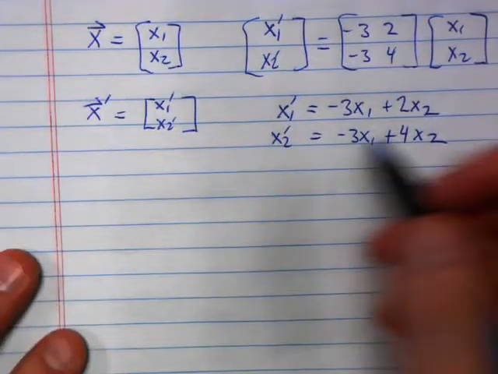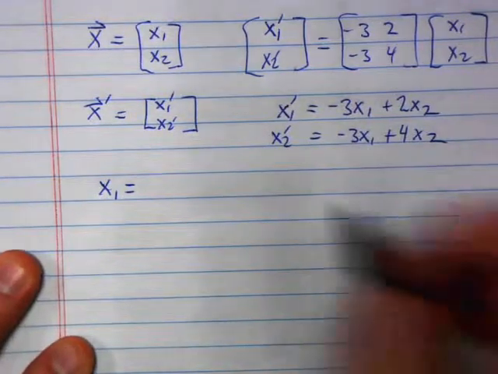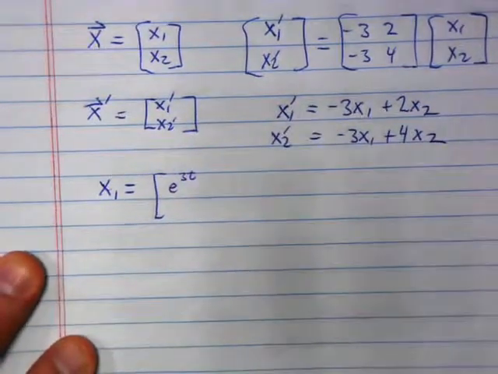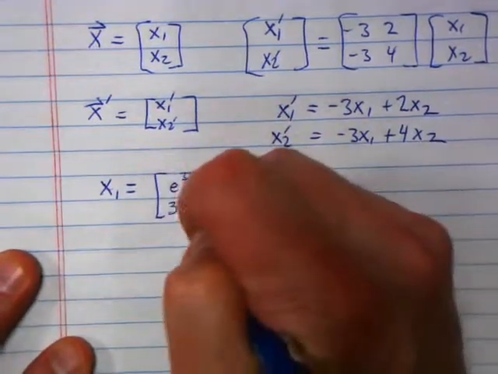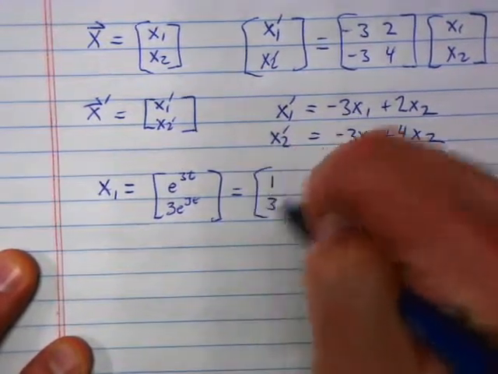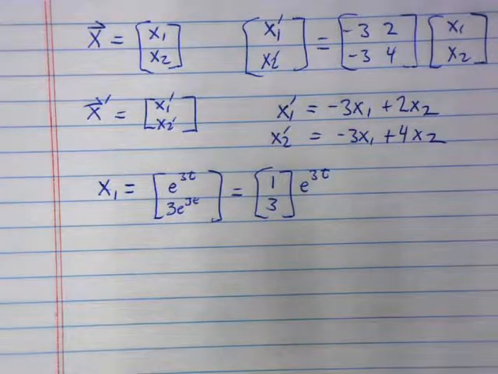So solution number one, it claims, is the vector e to the 3t, 3e to the 3t, which could be written as 1, 3 times e to the 3t. So that's what a solution is going to look like.